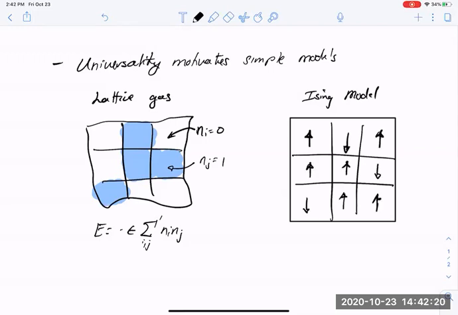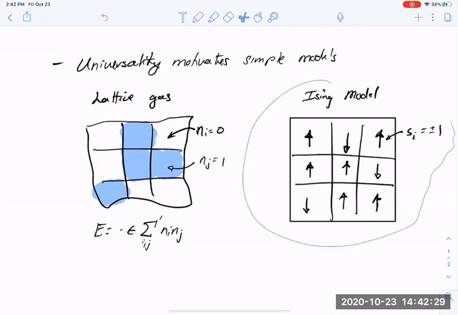Each one of those spins is denoted with a spin variable s, which reflects that up-down possibility. So it can be plus or minus 1.